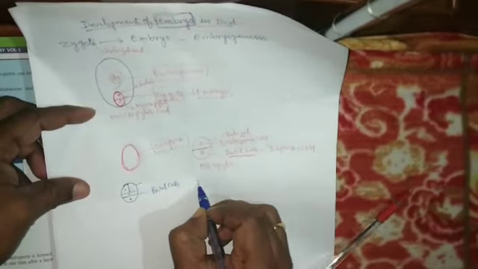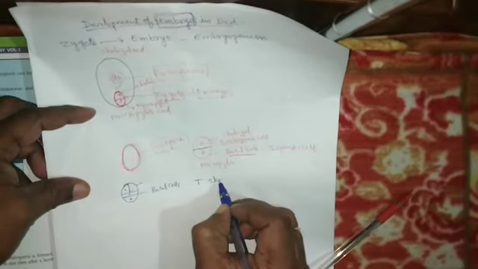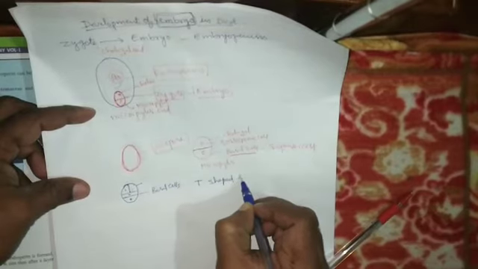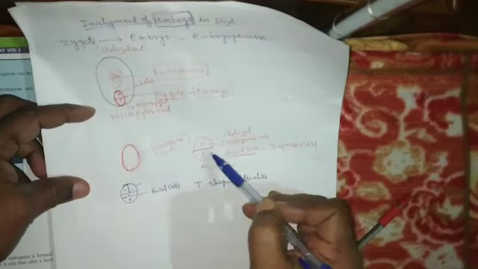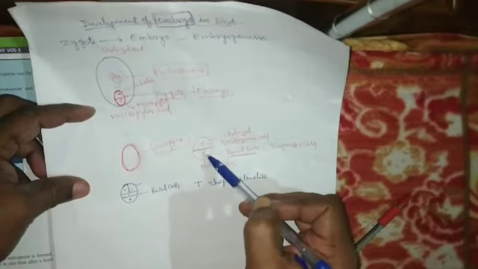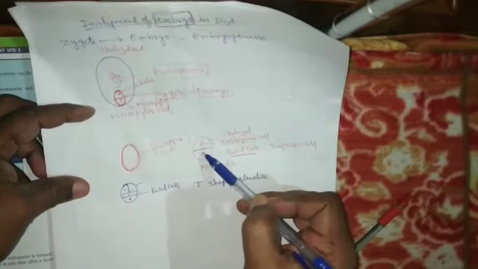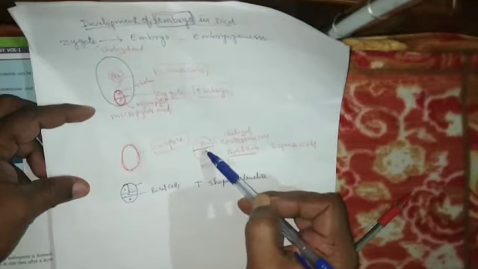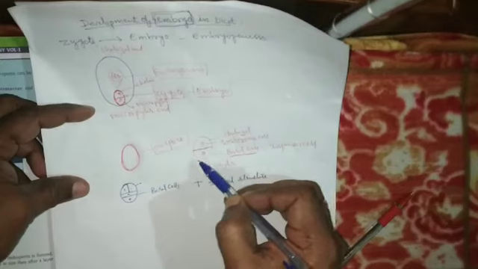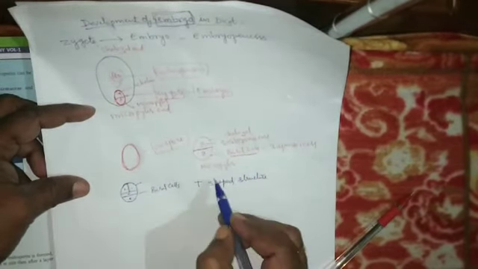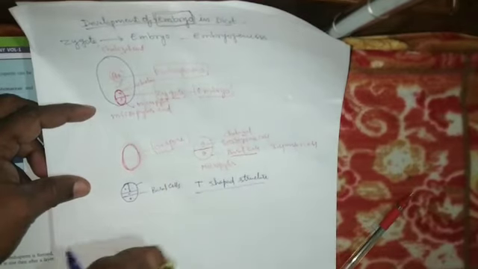This is called a T-shaped structure. The embryonic cell and basal cell simultaneously divide and form the four-cell stage T-shaped structure.